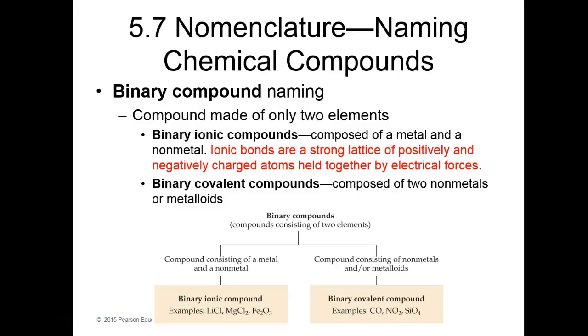So binary compound naming refers to having names with 2 elements. We have binary ionic compounds composed of a metal and a nonmetal, and binary covalent compounds, which are composed of 2 nonmetals or metalloids. You can see we have the ionic compounds and the covalent compounds shown on this chart.